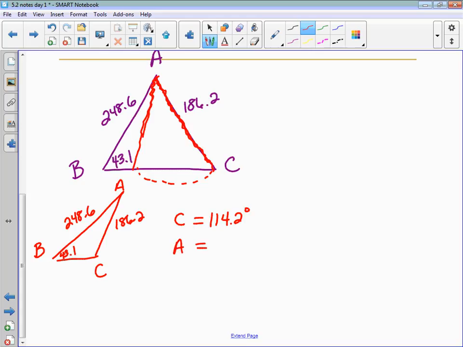How are you going to find angle A now? Yep, 180 minus the 43.1 minus C. And what should we store that as? Yes.